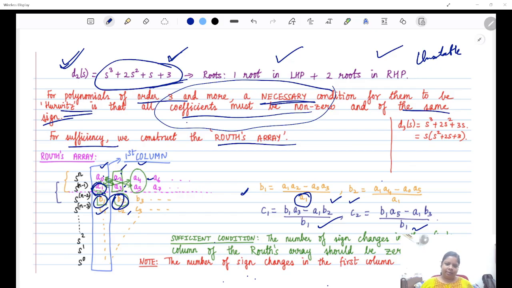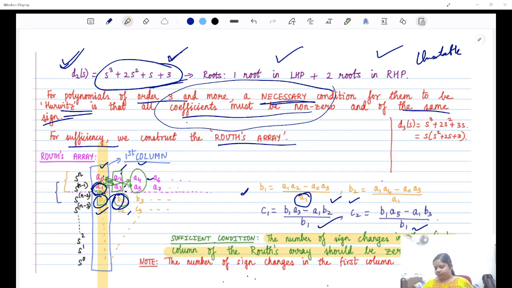Like this you always get. The number of sign changes in the first column should be 0. This array is constructed until you get a single number at the end, and no further multiplications and divisions are possible, it just ends there.